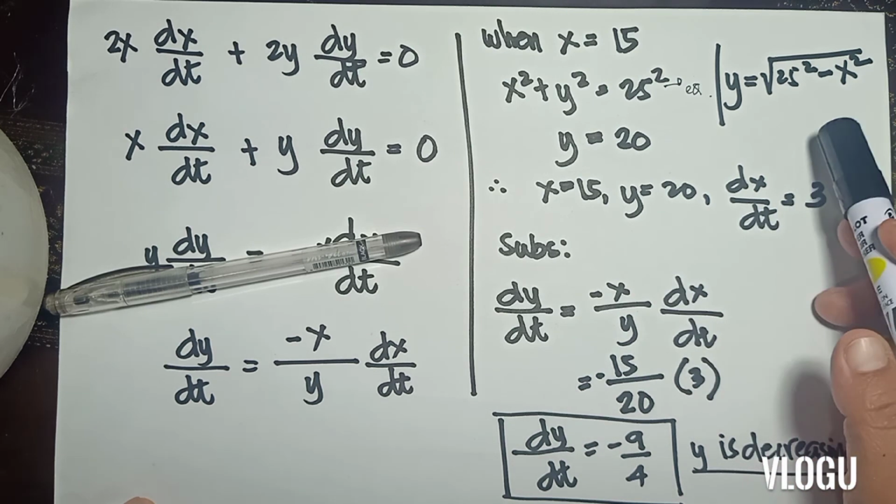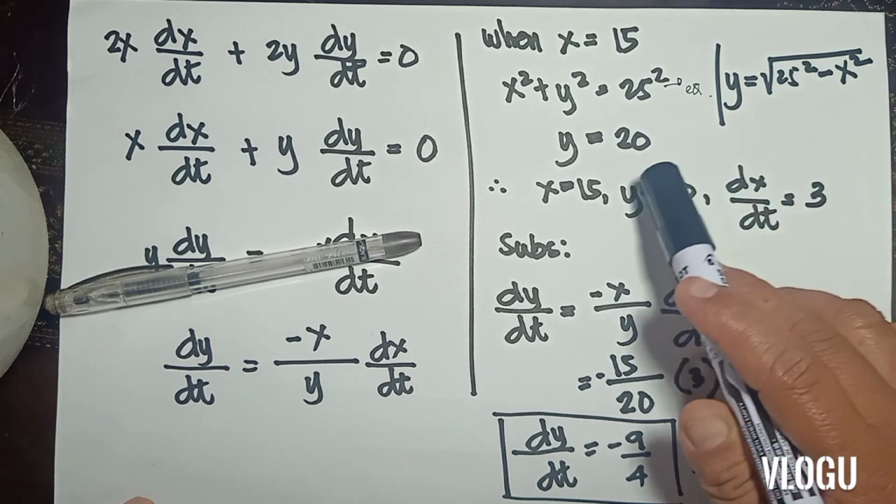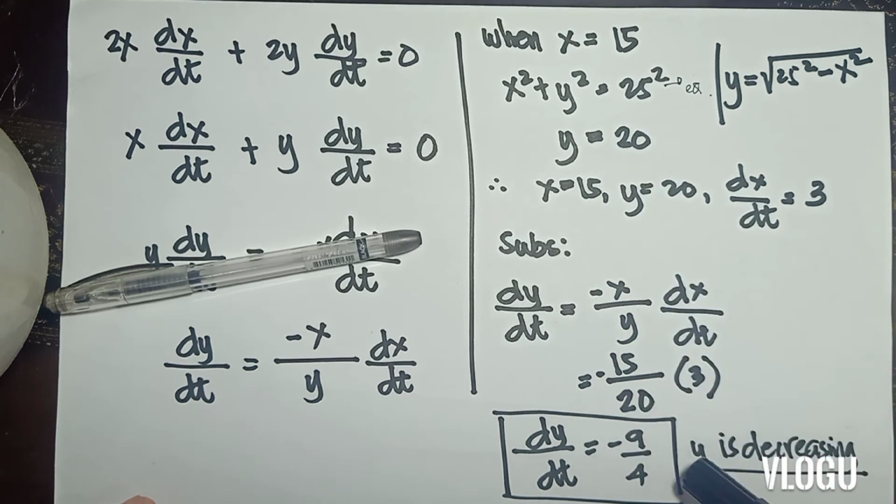So 25 squared is 625 minus 15 squared. Then you have y is equal to 20.